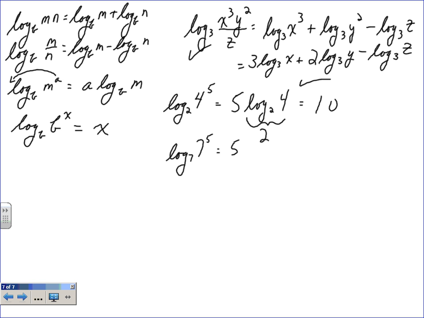There's another property too. I'm not going to go through the explanation, but it looks like this. Any number b, raised to the log base b of x is x.